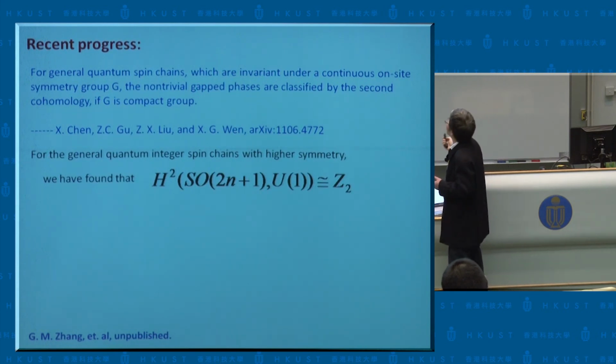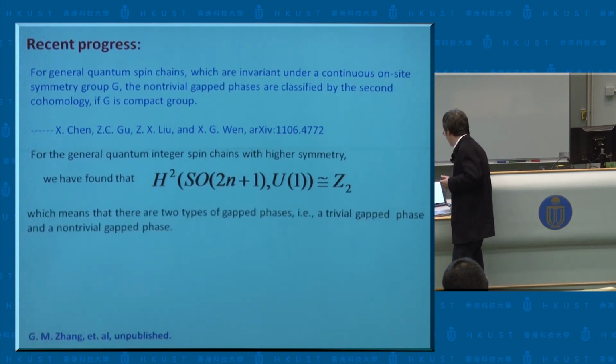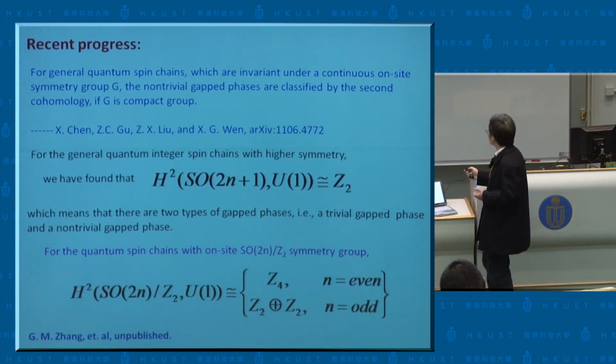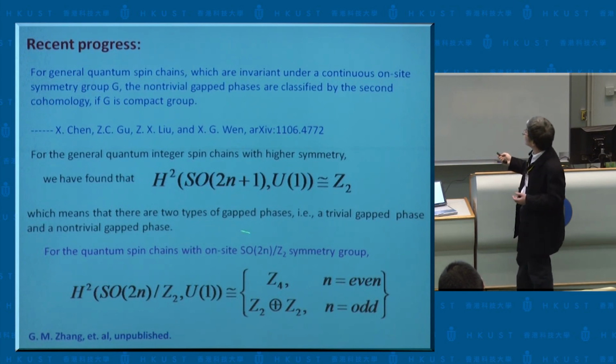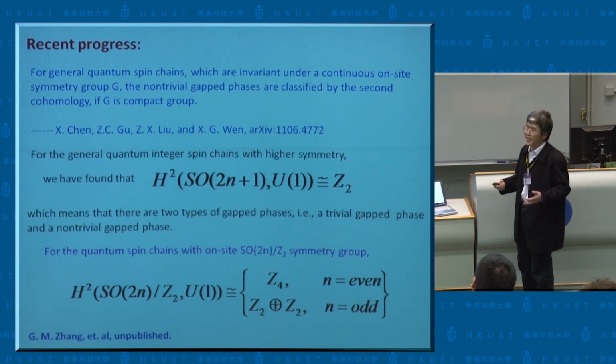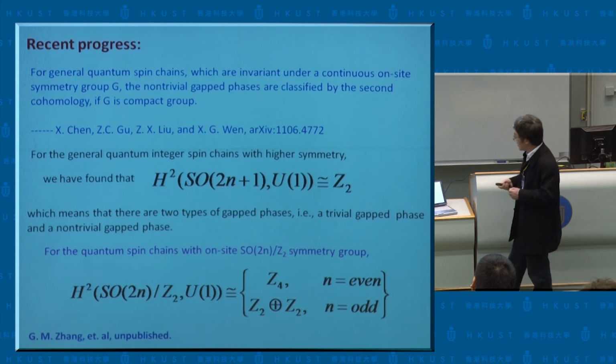This result is consistent with and strongly supports our result. Moreover, if you consider the quantum spin chain with SO(2n) symmetry, there is no SPT phase without breaking translation symmetry.